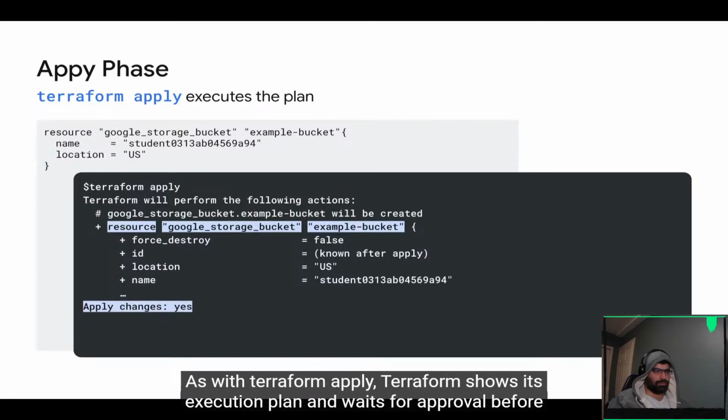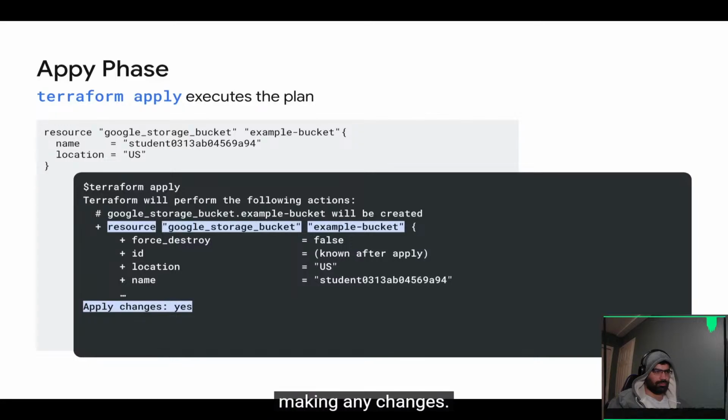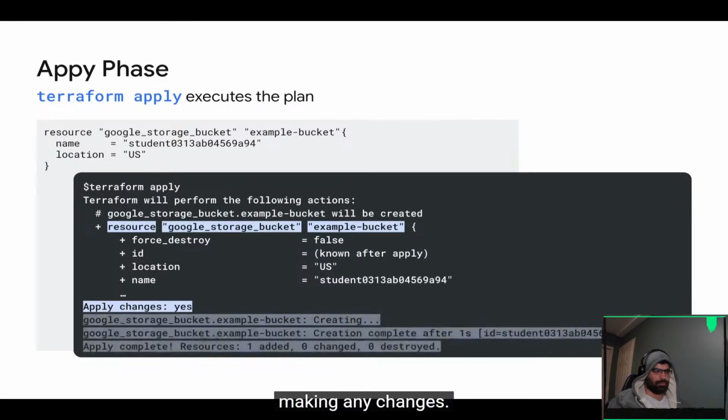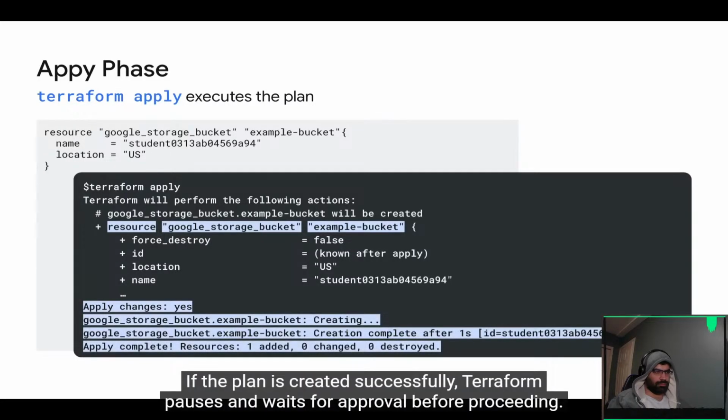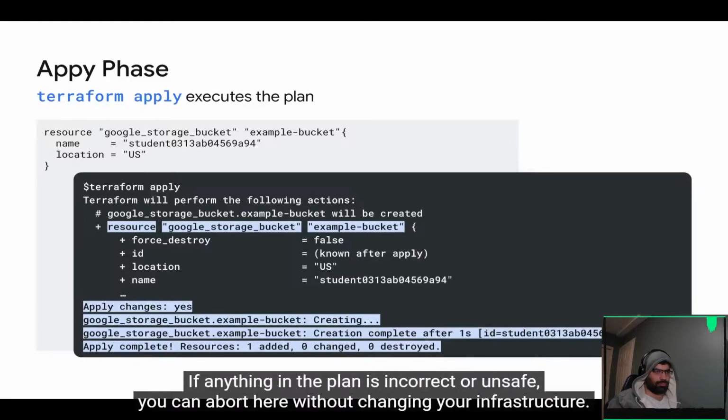As with apply, Terraform shows its execution plan and waits for approval before making any changes. If the plan is created successfully, Terraform pauses and waits for approval before proceeding. If anything in the plan is incorrect or unsafe, you can abort here without changing your infrastructure.